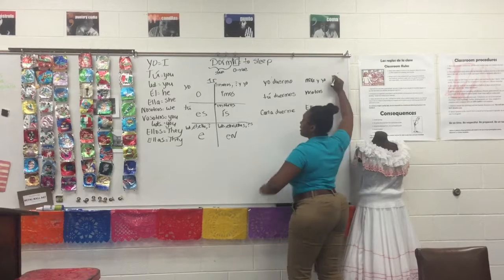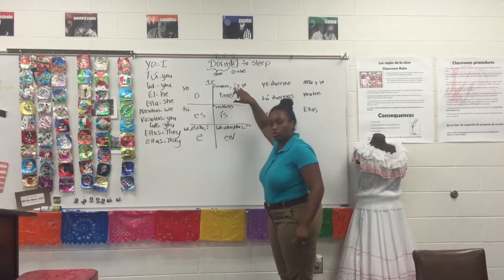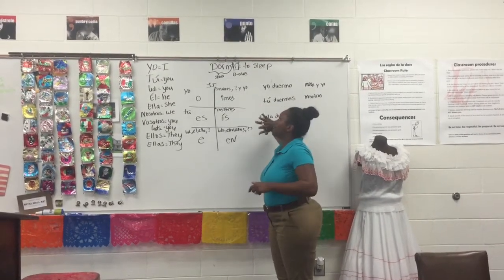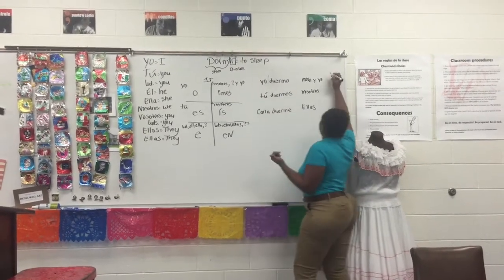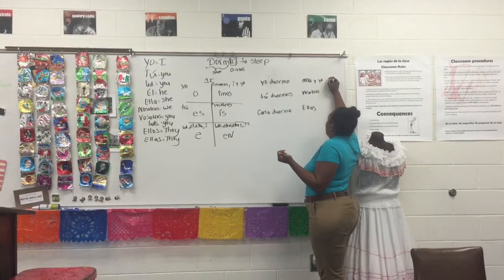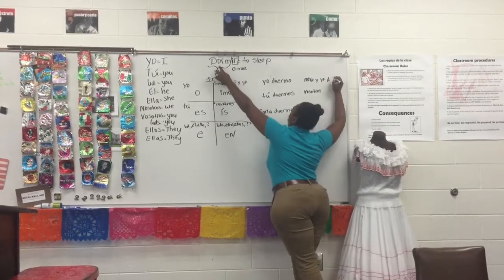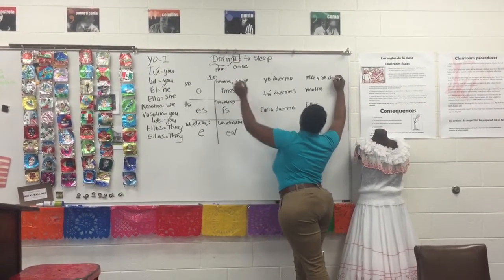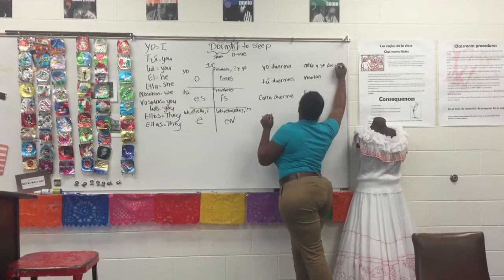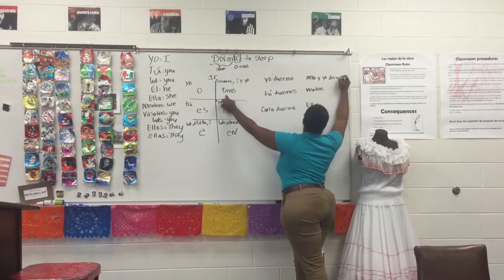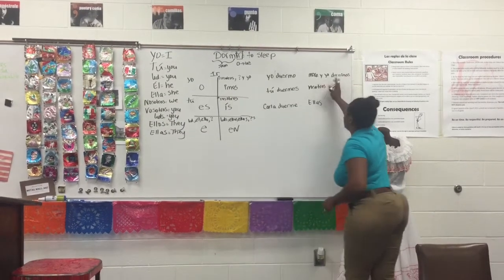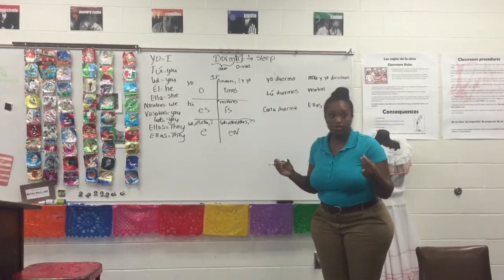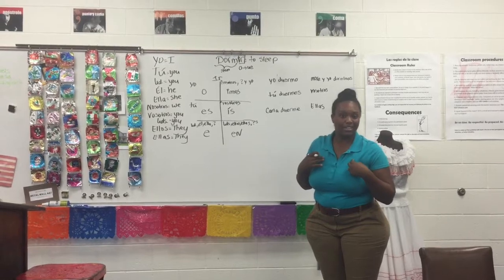Now remember, there is no stem change in the nosotros form. So I'm going to keep it the same, just like we did for hablar. All right, so what do I do? Help me out. D, O, R, M, I, M, O, S. Dormimos. Mike and I sleep.